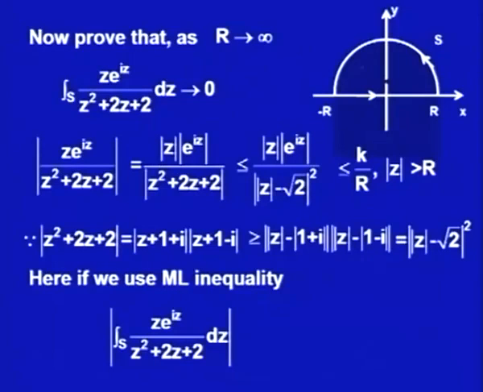The length of the arc here is pi into r. So we get that this is bounded by a constant. Now this constant is independent of r. So if I put the limit as r approaches infinity, this constant is not going to change.